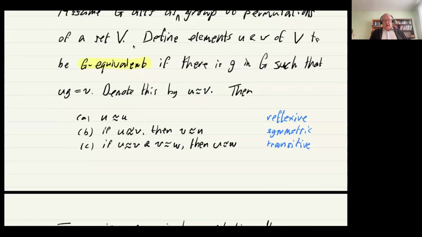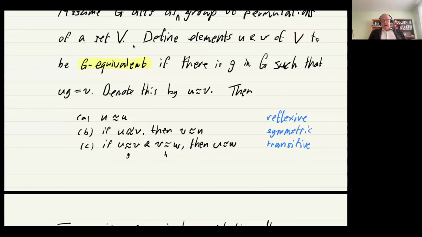And finally, if U and V are equivalent and V and W are equivalent, then U and W are equivalent, because if U and V are equivalent by some element g and V and W are equivalent by some element h, then applying g and then h maps U to W. There we're using the fact that the group's operation is closed.